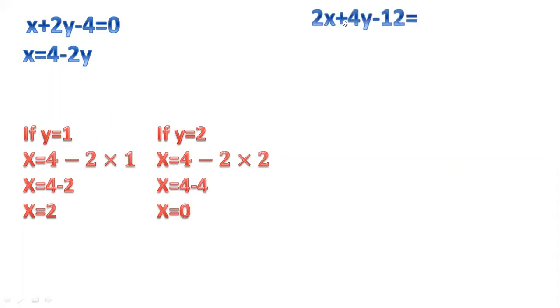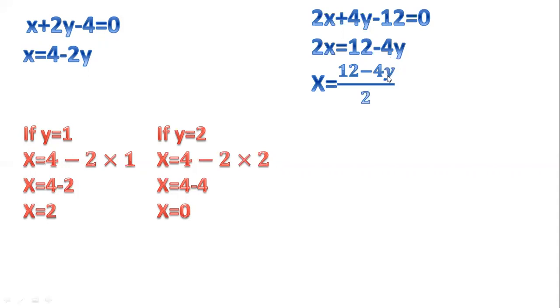Let us find two solutions for this equation. I'll rewrite this as 2x is equal to 12 minus 4y. If we write like this it is easy for calculation. x is equal to 12 minus 4y by 2. We have to put the value for y so that the numerator is divisible by 2.